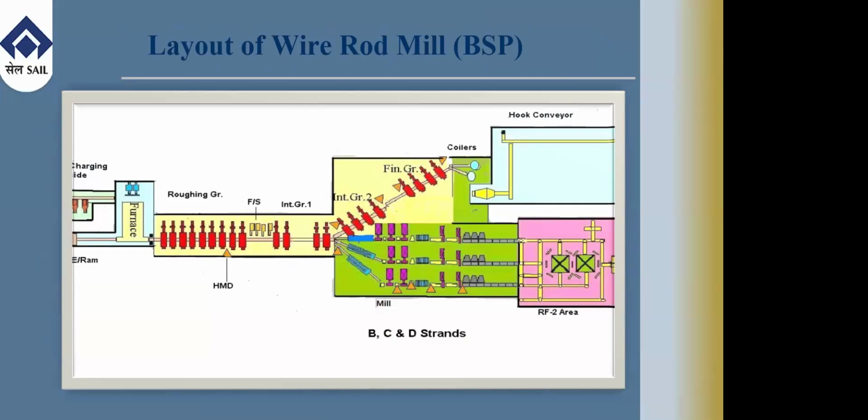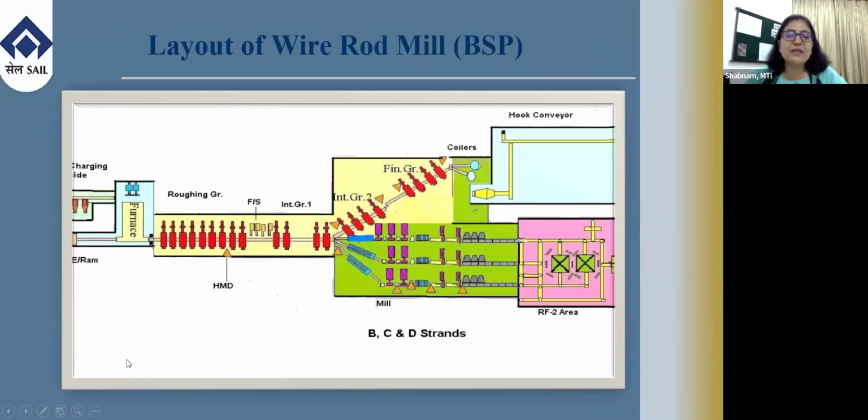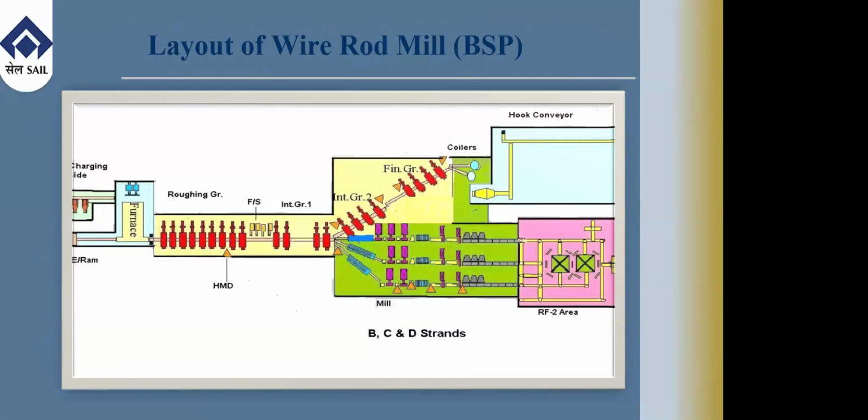Basically, we have 3 strands: B, C, and D. Goyal sir, please speak a bit louder, your voice is not coming through. As already told, in B strand a recent modernization has been done, and C and D are a bit older in terms of modernization. Each strand has certain limitations, and that is why we cannot produce all thicknesses in all the strands.